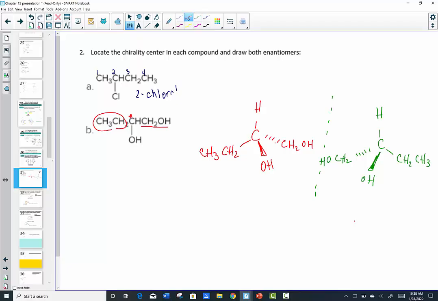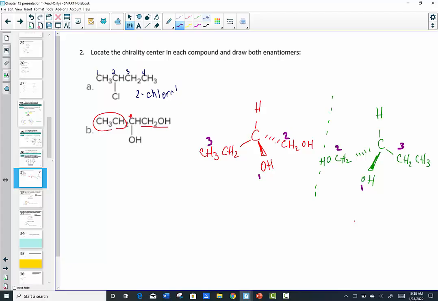We can test the spin. I'm going to call the hydroxyl group priority 1. Just make sure you're assigning the priority groups the same way, and you'll have the clockwise, counterclockwise test work perfectly each time. Priority 2, I would give to the CH2OH, and priority 3, I would give to the ethyl.